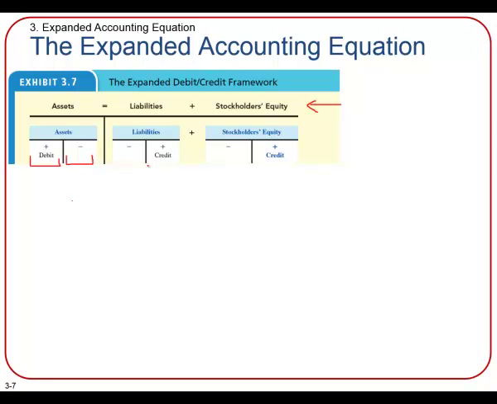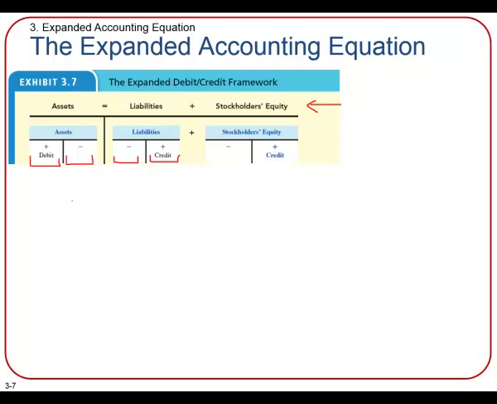Liability accounts increase on the right, or credit side, and decrease on the left, or the debit side. It's just the opposite of the way assets increase and decrease.